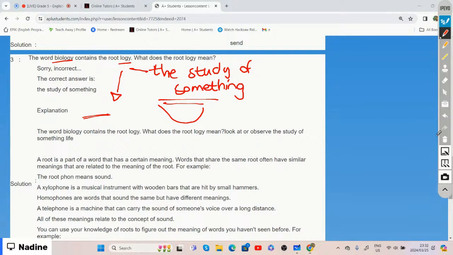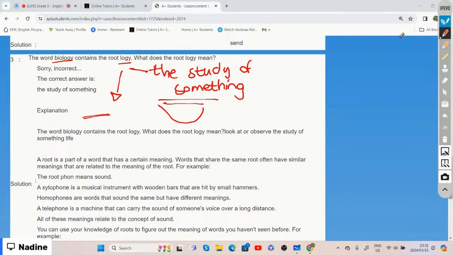And that is what we mean when we say that these Greek and Latin roots have a certain meaning. Like logi has a certain meaning, which is the study of something. And the words that they share, like biology or histophysiology or even physiology, share the same root, and they often have similar meanings.